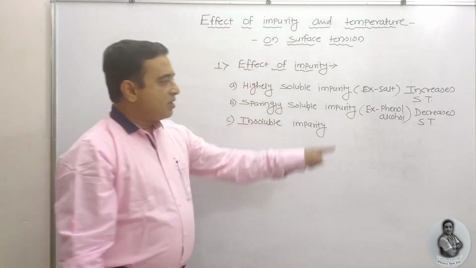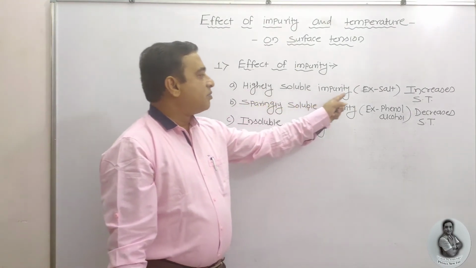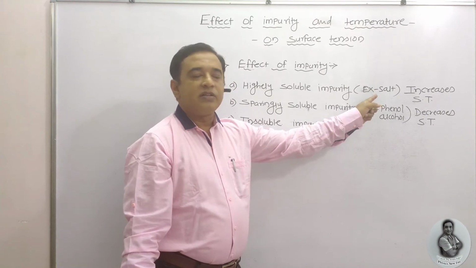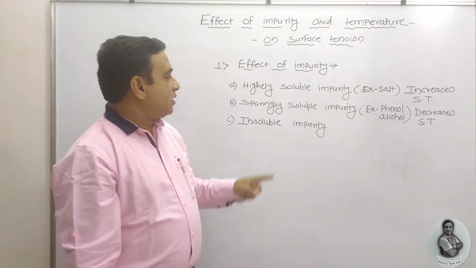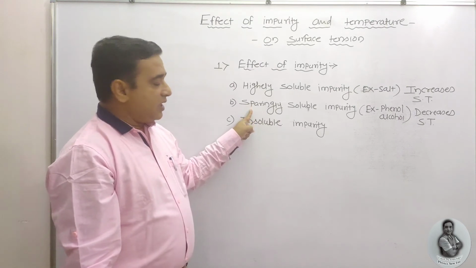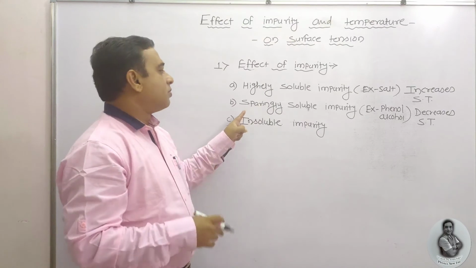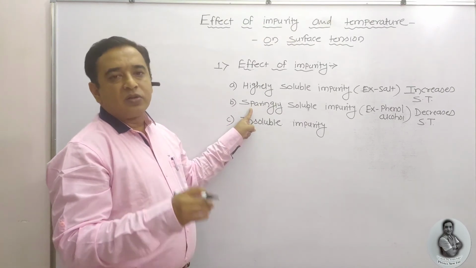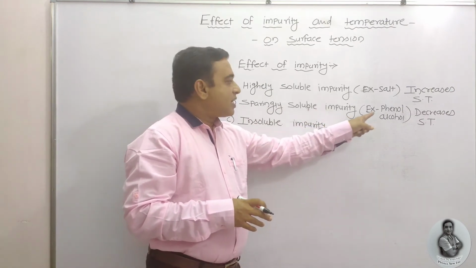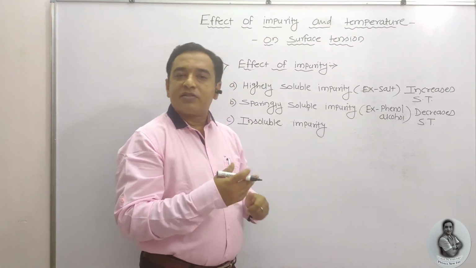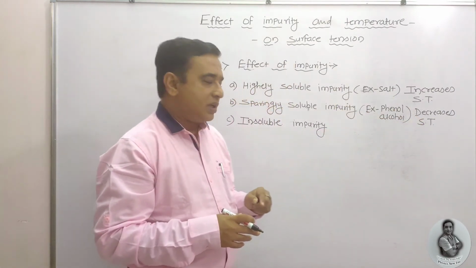See once again, a highly soluble impurity, just like salt, added in water increases the surface tension of that liquid. And sparingly means it is not totally soluble, it is partially soluble. So sparingly is the best word for that. That is a sparingly soluble impurity, such as phenol and alcohol. If it is added in water, that decreases the surface tension.